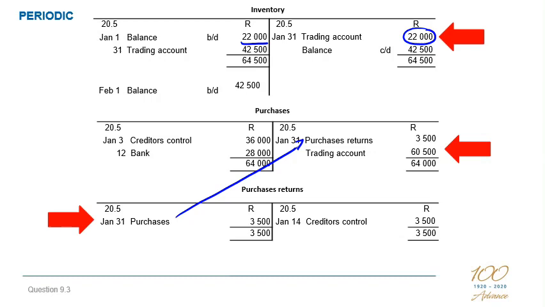Opening inventory plus net purchases minus the closing inventory. So the closing inventory is also an entry against the trading account, but can you see that now it's positive in the asset account? So it has to be on the debit side of inventory, resulting in a credit in the trading account.